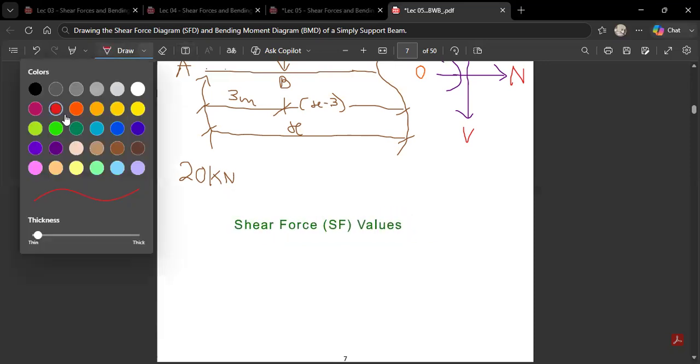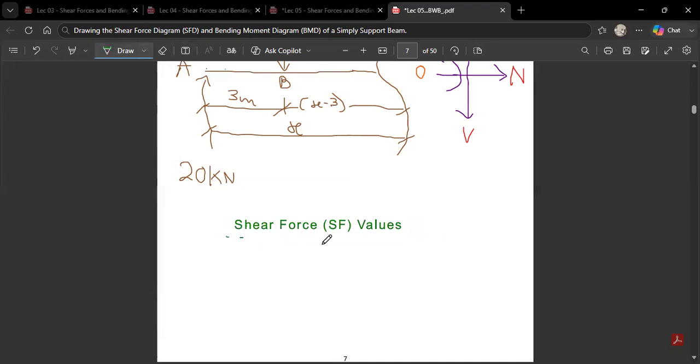So the shear force values, I told you that they are the ones acting in the y-axis. It's not anything too difficult. They are the ones acting in the y-axis.